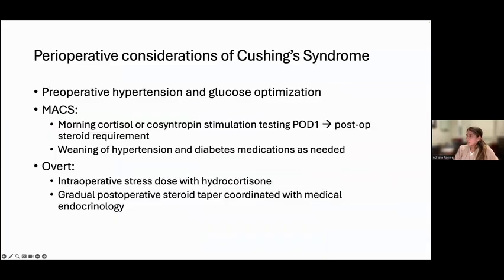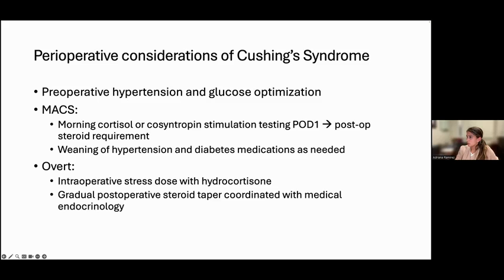So regardless of cortisol excess activity, patient optimization of blood pressure and glucose control does have to be done preoperatively. In patients with MACS, the contralateral adrenal may not be suppressed, or may be suppressed to a variable amount, and may or may not require postoperative steroids. So I typically perform a cosyntropin stimulation test on post-op day 1, and I do wean their antihypertensives and diabetes medication as tolerated.